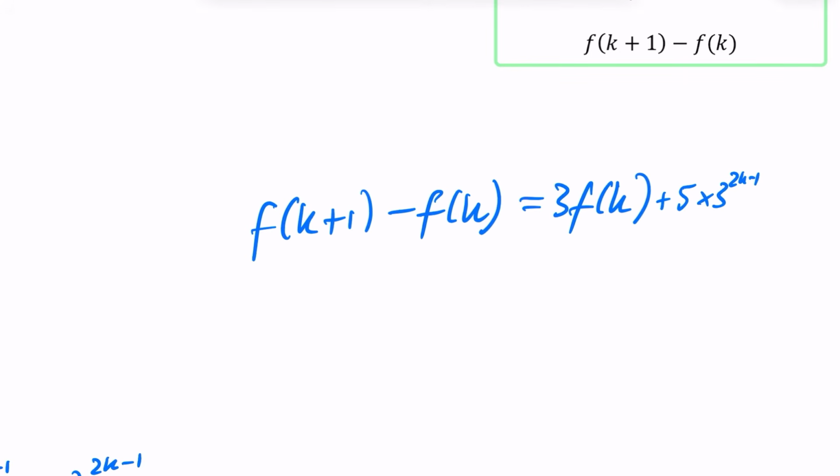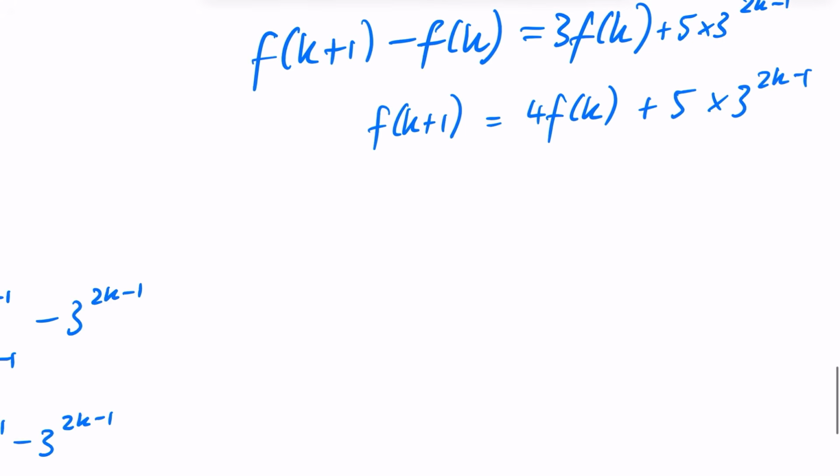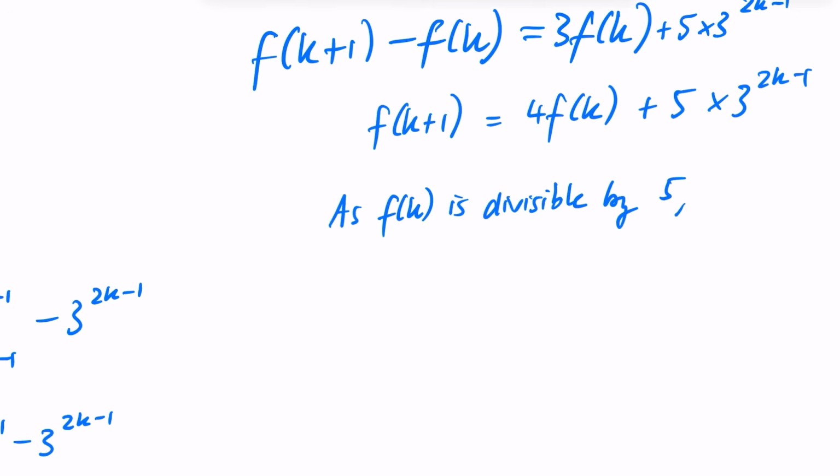So, last thing that we need to do is a conclusion statement, because if I now add that f of k to the right hand side, we have 4 lots of f of k plus 5 times 3 to the power of 2k minus 1. Now we can clearly see as f of k is divisible by 5, so is 4f of k. 5 times 3 to the power of 2k minus 1 is also divisible by 5.